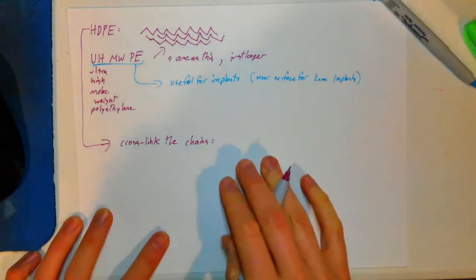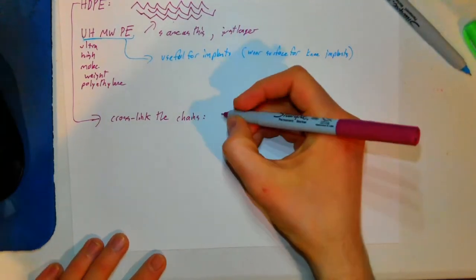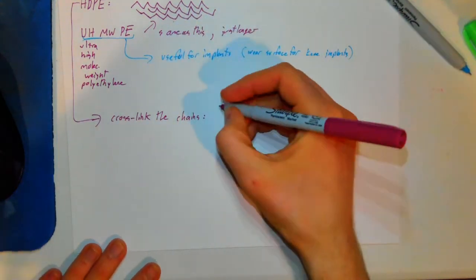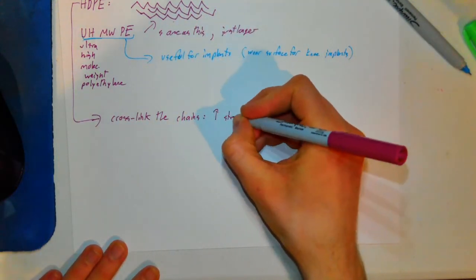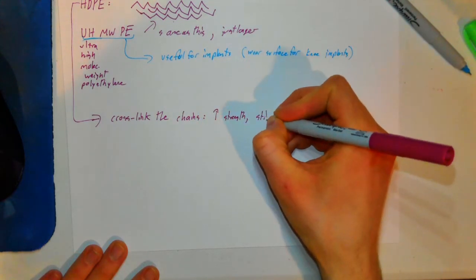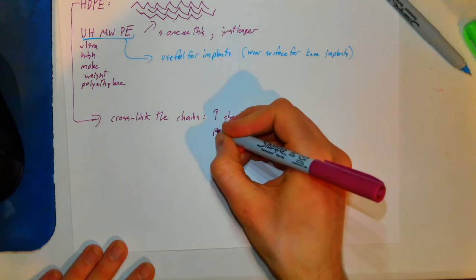And what would cross-linking the chains do? Well, generally it would increase the strength and stiffness and it would basically prevent long-term creep.